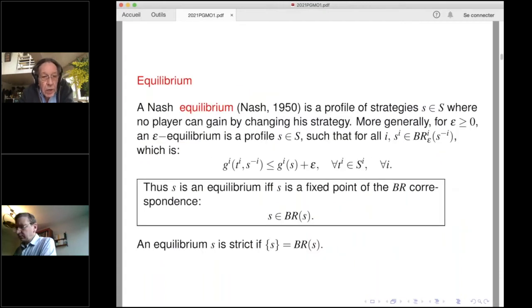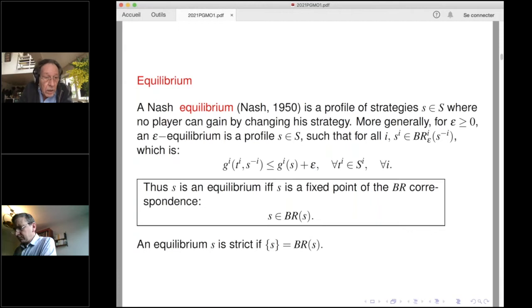A Nash equilibrium, introduced by Nash in his studies in the 50s, is a profile of strategies where no player can gain by changing his strategy. First we look only at unilateral deviations, and at strictly profitable unilateral deviations. So an equilibrium is a profile where there is no unilateral strictly profitable deviation.